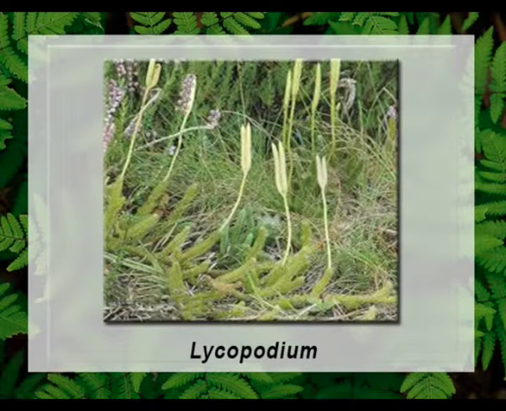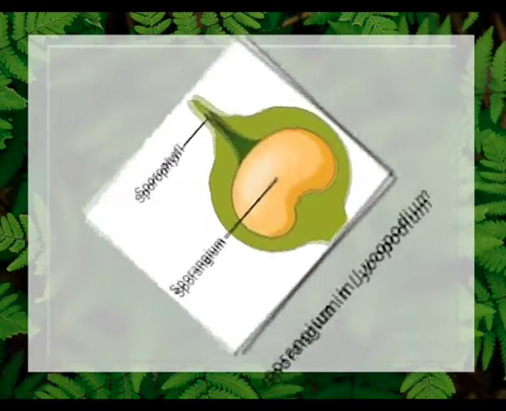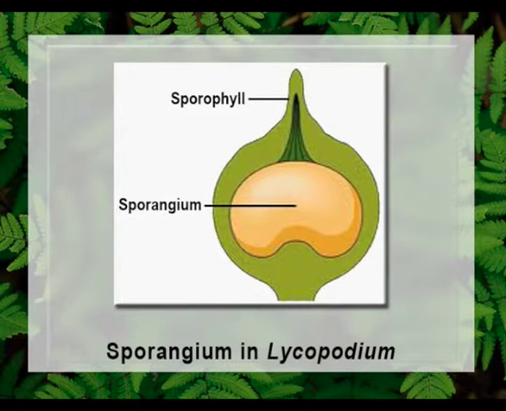Although resembling mosses, they are true vascular plants, wherein the long-lived plant is the sporophytic phase. Sporangia of the Lycopodiaceae develop laterally in the axil of specialized leaves called sporophylls.